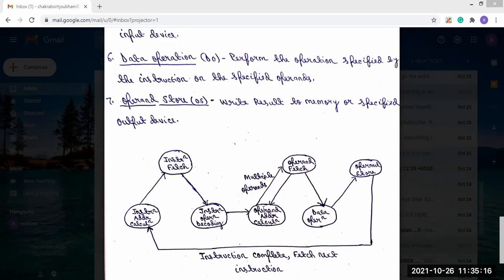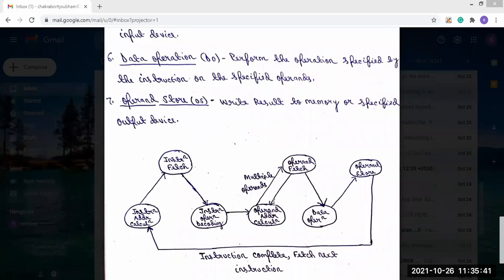That means A is fetched into the instruction register. Then the B operand's address is calculated and it is again fetched. So if multiple operands are present, one by one the operand's address will be calculated and the operands will be fetched.